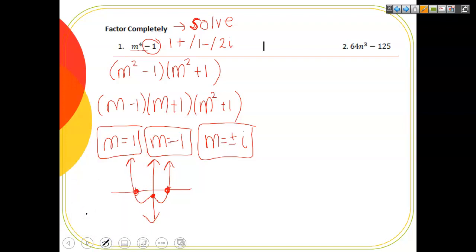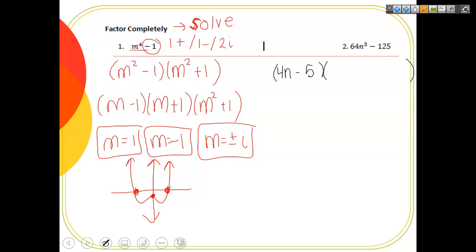64n cubed minus 125. 125 is a perfect cube. 64 is a perfect cube. n is a perfect cube. This is an example of a difference of cubes. So you're going to plug into your difference of cubes formula. So that says 4n minus 5.